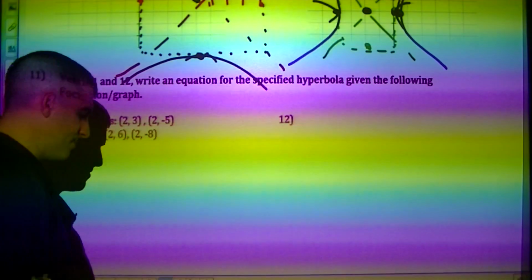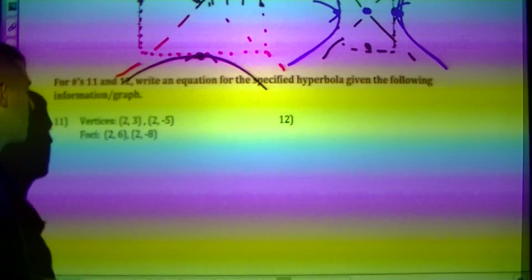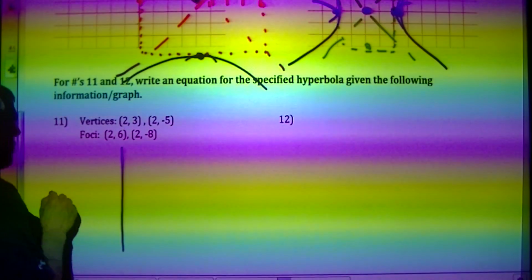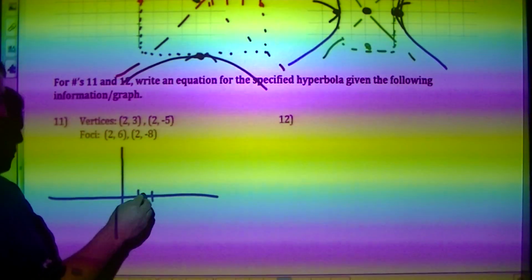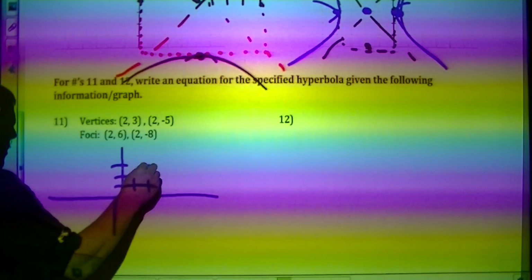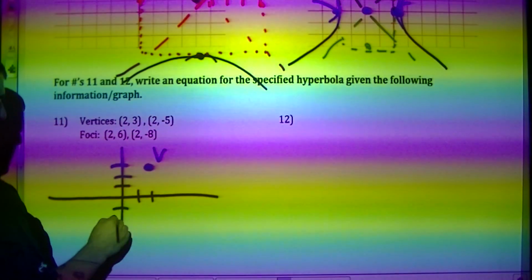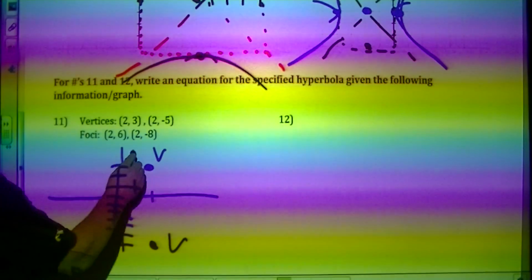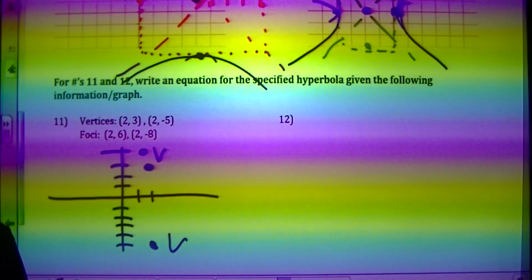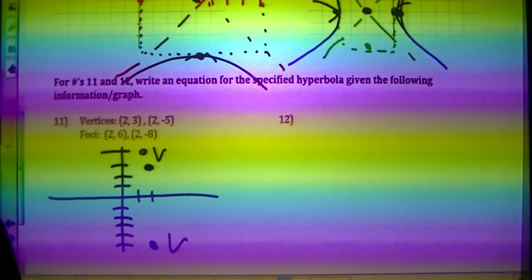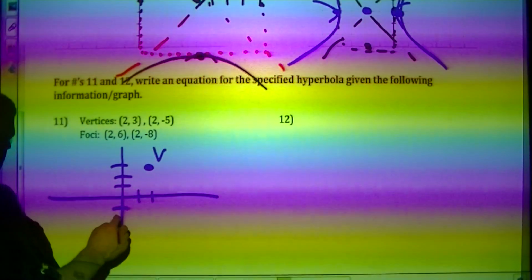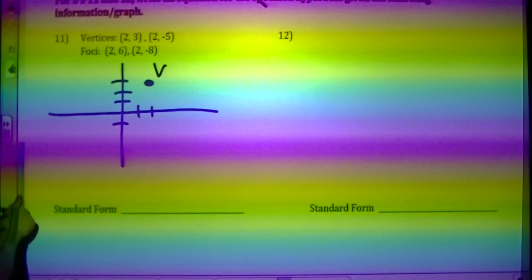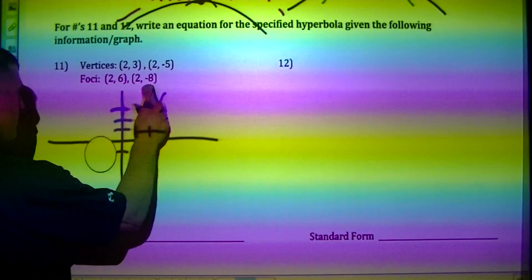Okay, on this one, your vertices are 2, 3, and 2, -5. My foci are at 2, 6. Oh, whoops, ran out of room here. Let's start over with this picture.